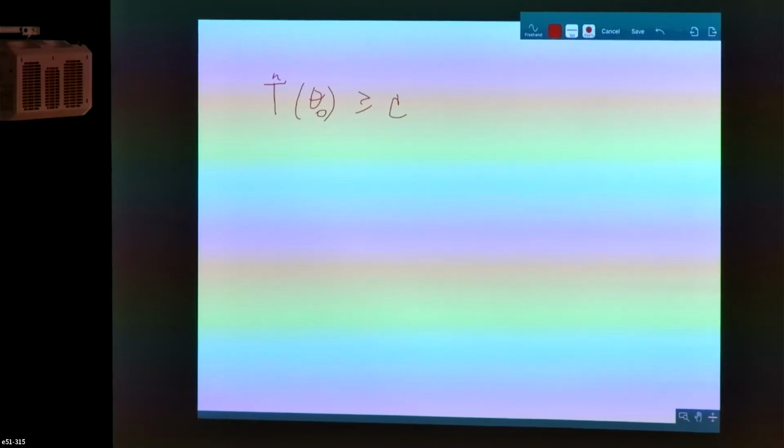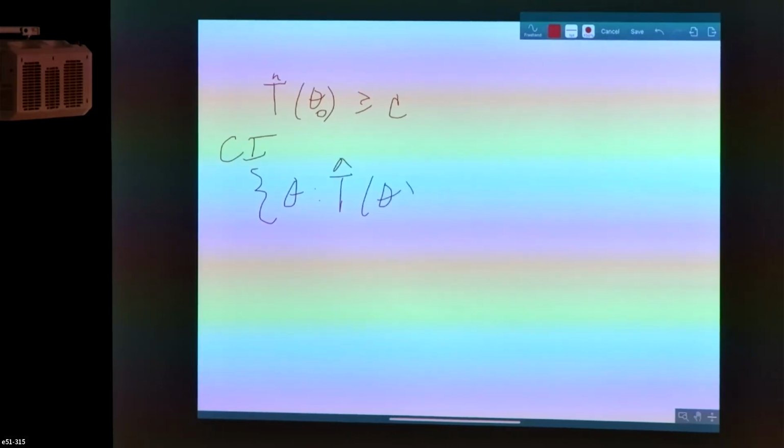Well, what the test inversion does is that the corresponding confidence interval is the set of theta such that T hat of theta is less than or equal to C.